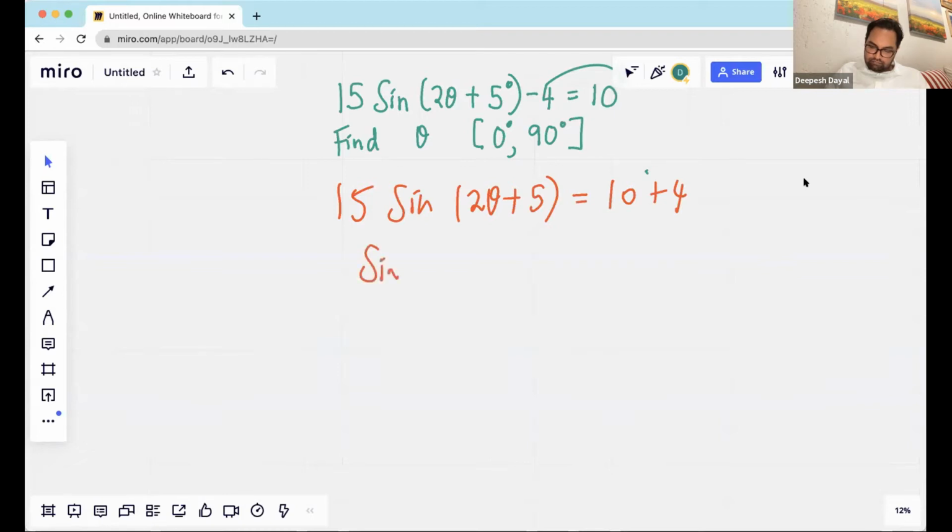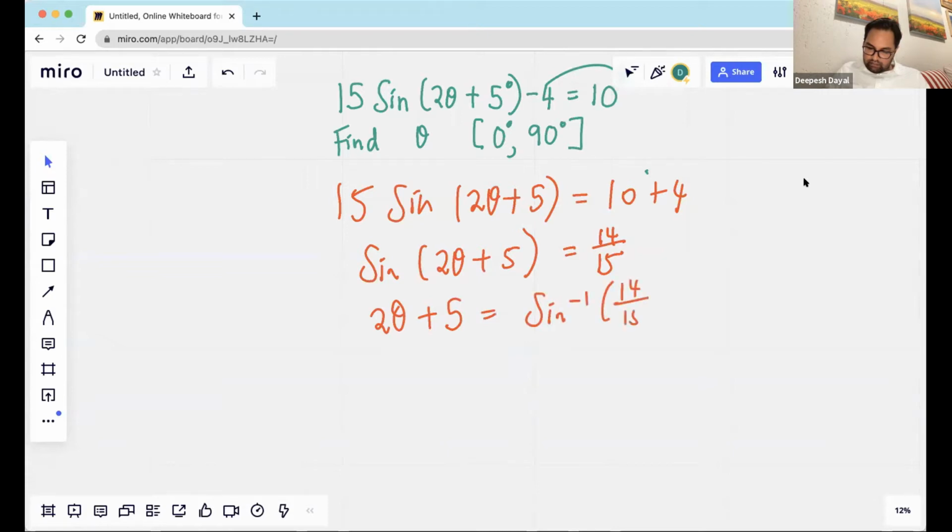And then I said sine 2 theta plus 5 is equal to 14 over 15. Okay, and then next. And then my answer was sine 2 theta plus 5 degrees is equal to 0.93. Yes.